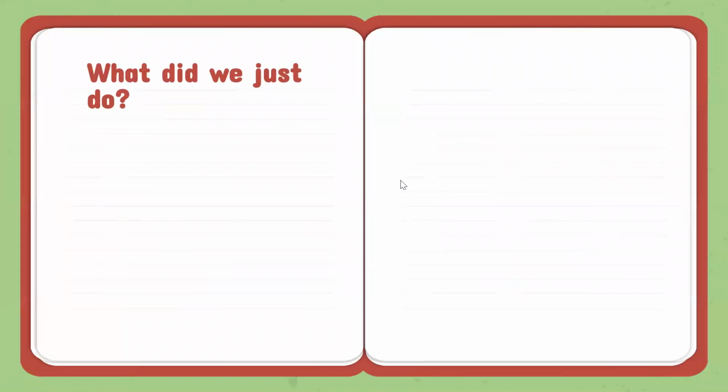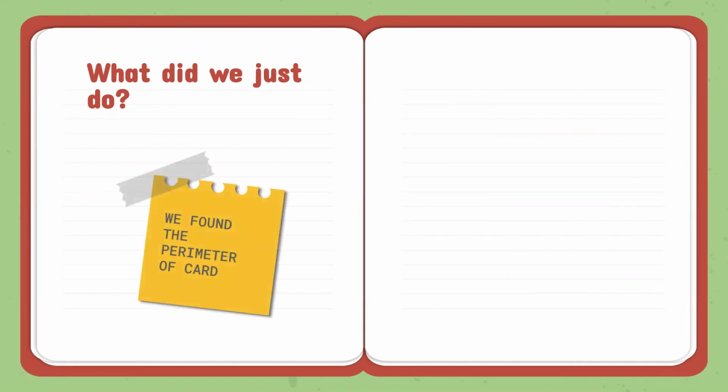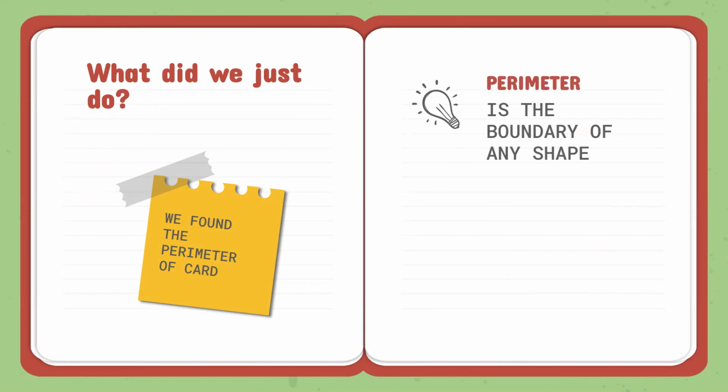अभी बच्चों हमने क्या किया था, हमने एक बाउंड्री का पूरा लेंथ फिगर आउट किया था, कार्ड के जो अराउंड का बाउंड्री है उसका पूरा लेंथ हमने फिगर किया था, हमने उसका सम करके फिगर किया था, उसी को हम बोलते हैं पेरीमीटर। तो इससे पेरीमीटर का डेफिनेशन बनता है, it is the boundary of any shape. ये कुछ भी शेप हो सकता है, स्क्वायर हो सकता है, रेक्टेंगल हो सकता है, ट्रायंगल हो सकता है, it is just the boundary of any shape.